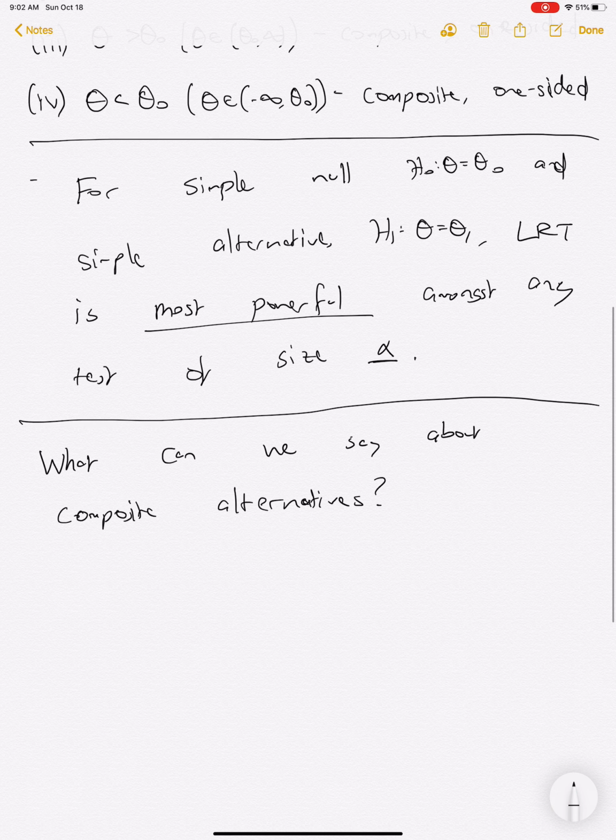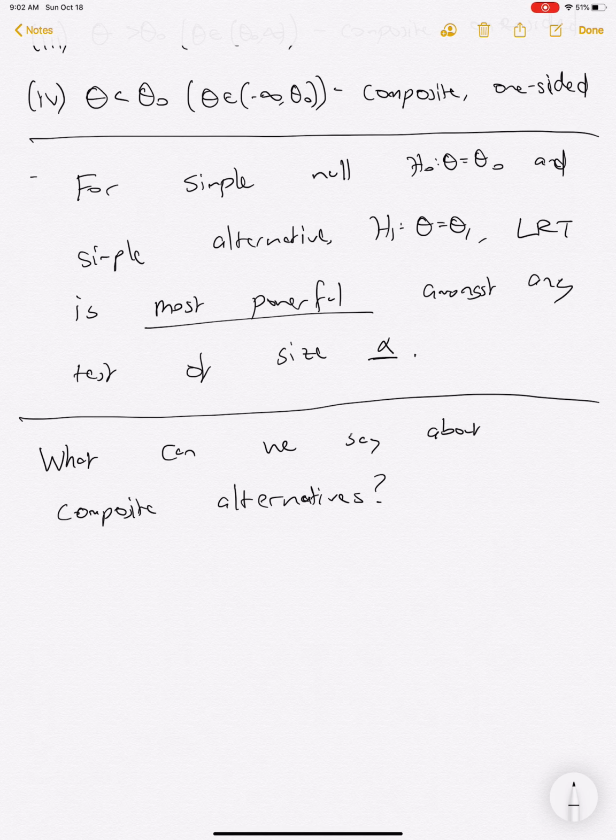The question we're going to start to look at today, and also in the next lecture, is what can we say about alternative hypotheses? In the next lecture, lecture 16, we're going to generalize the likelihood ratio test to composite alternatives and composite nulls.